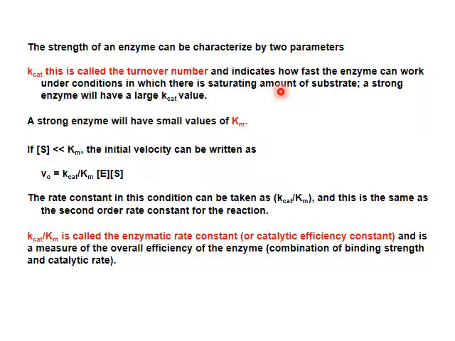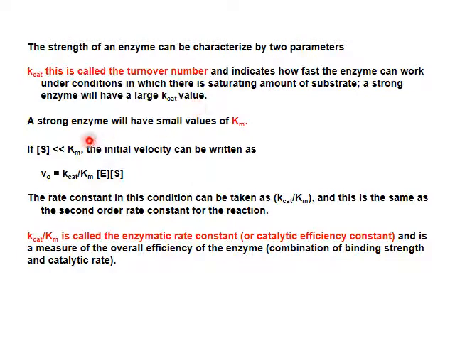Now there's free enzyme, and so it can go back and bind another substrate molecule. So that's why we call it turnover number. And the units of that is going to be inverse seconds. And so that's the turnover number, kcat.